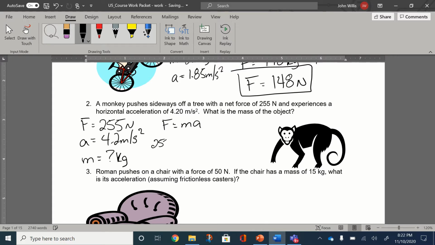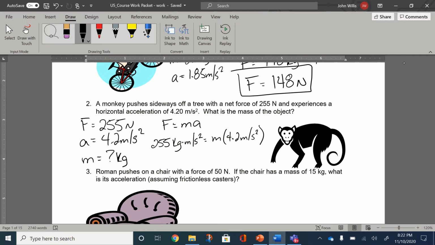It's 255, and I'm going to write it out this way just to remind you where this comes from. The official unit for a Newton was a kilogram meter per second squared, and that's going to be equal to your mass multiplied by 4.2 meters per second squared. You'll notice that since mass and 4.2 are being multiplied together, you divide both sides by 4.2.